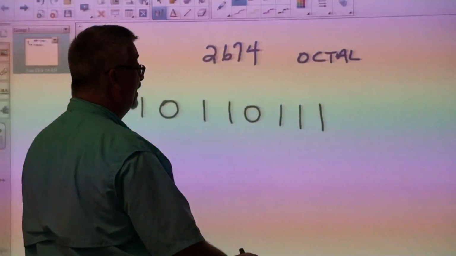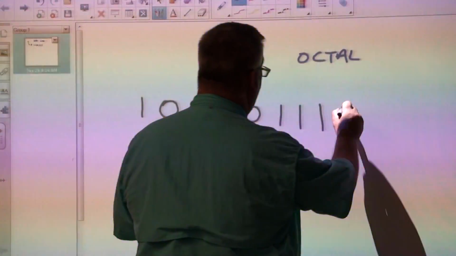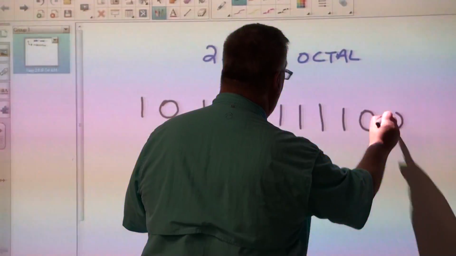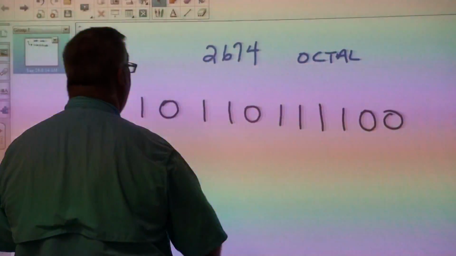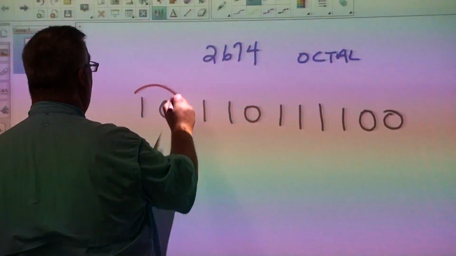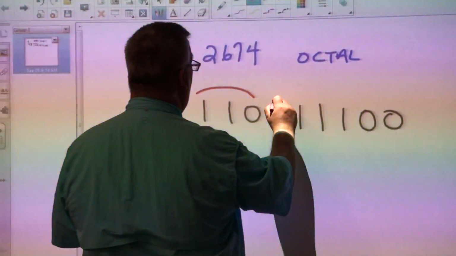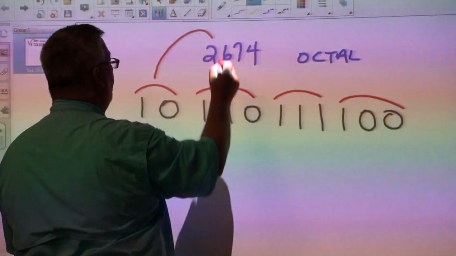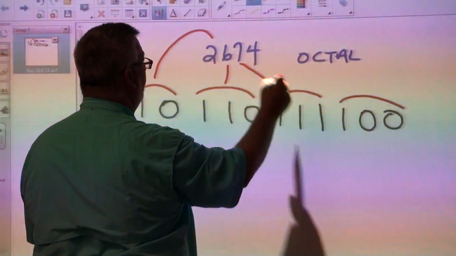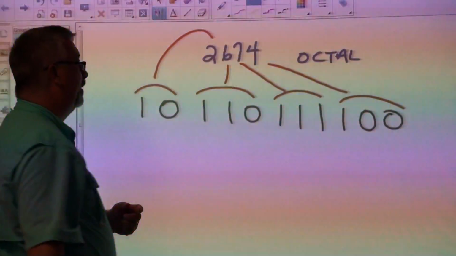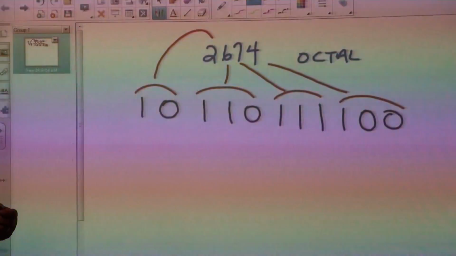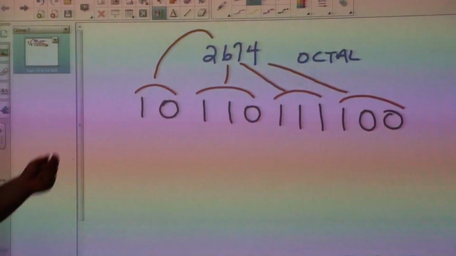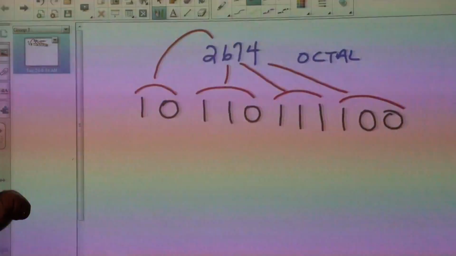And 4 would be 1, 0, 0. So again, go back to our groupings of 3. That goes to here, here, here, and here. So we got binary, octal to binary at least.